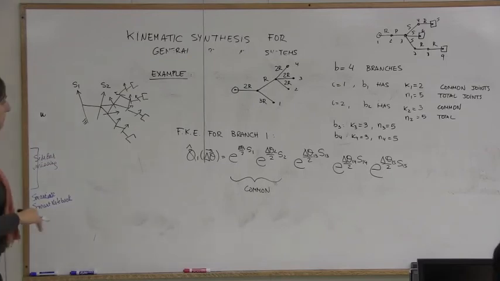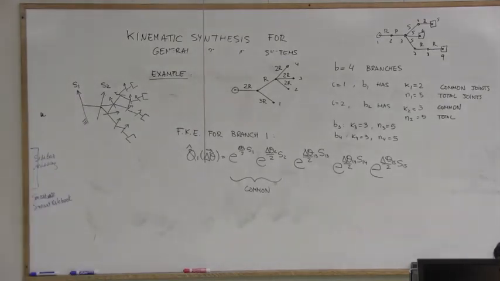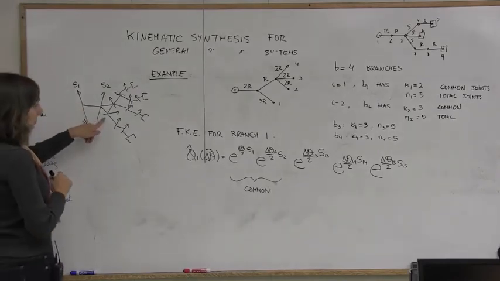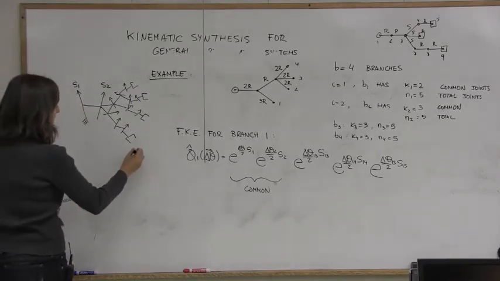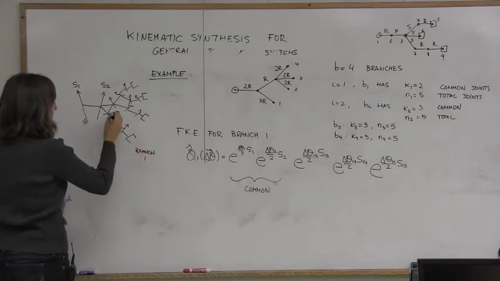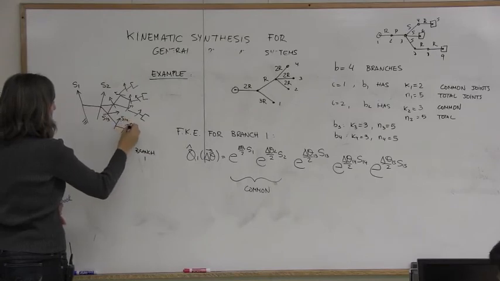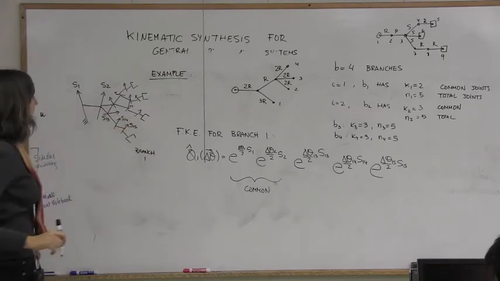Let me do one more branch because this example I think shows the notation very nicely. So this one will be S13 because this is branch 1. This one is S13, this is S14, and this is S15.